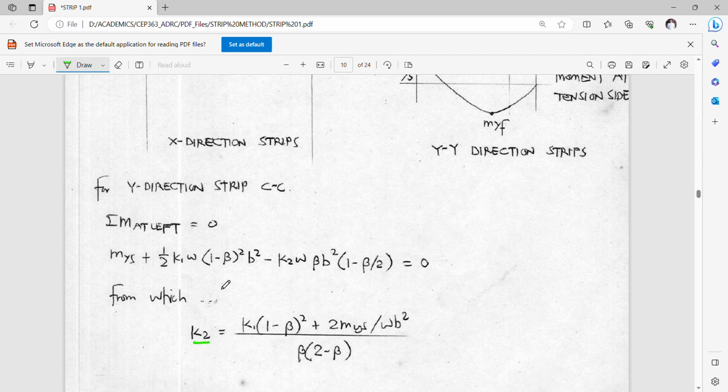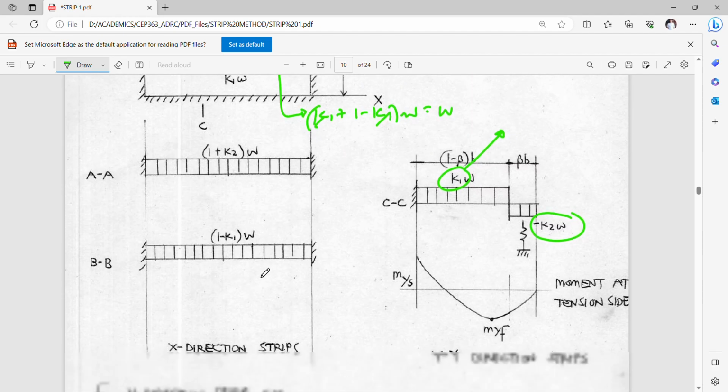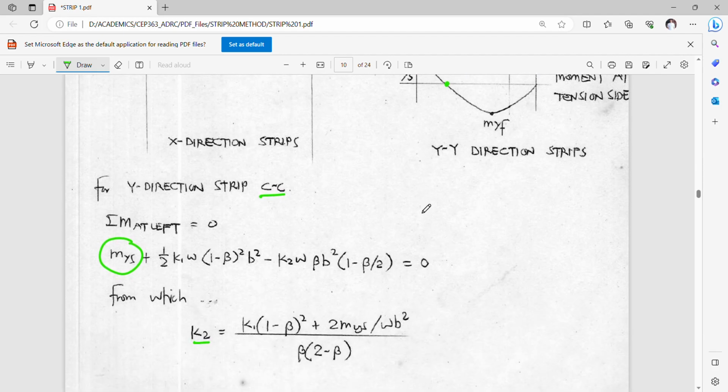So here your MYS, which is basically dictated by this value here, considering strip CC, so this is your MYS, may be assumed for us to be able to get the value of k.